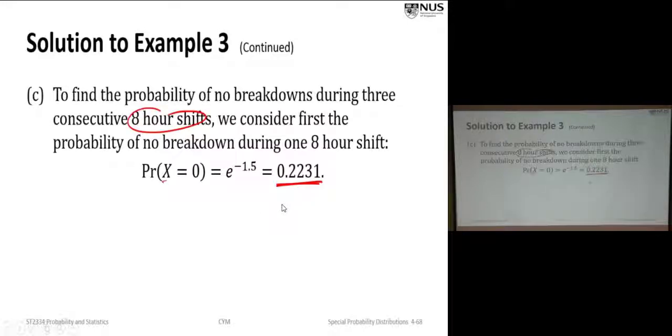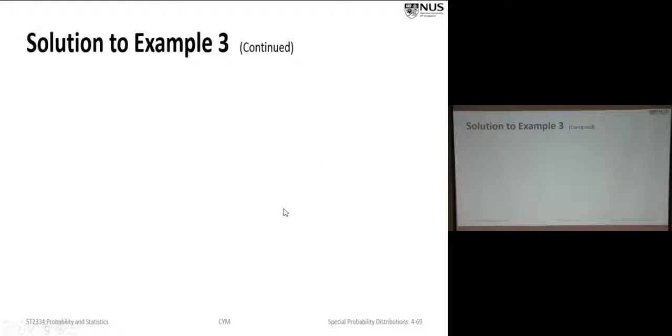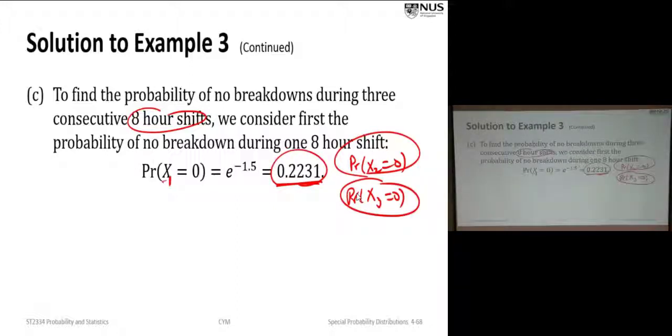Obviously, the same holds for the next shift. If x1 represents the number of breakdowns in the first 8-hour shift, and x2 and x3 the next two, I just multiply these probabilities together. So basically it's 0.2231 raised to power 3.